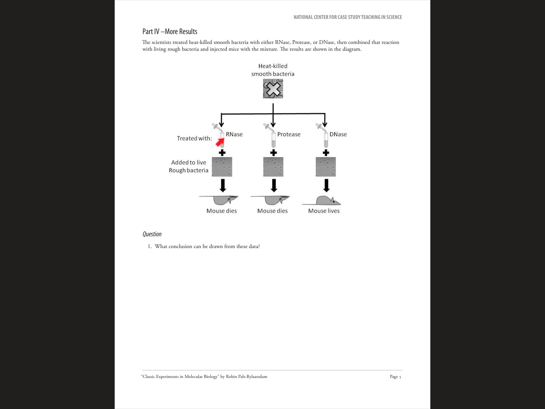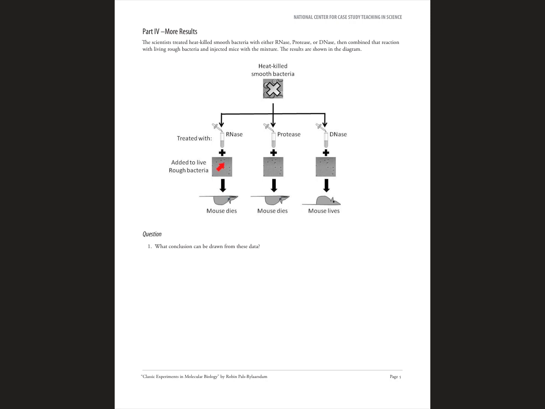They add that RNase with the killed bacteria to the rough strain. The bacteria dies. Well, that means something transformed. That means something gave the trait to this rough bacteria. The message got from the smooth bacteria to the rough bacteria. So we know it wasn't RNA that was giving that message in this case.